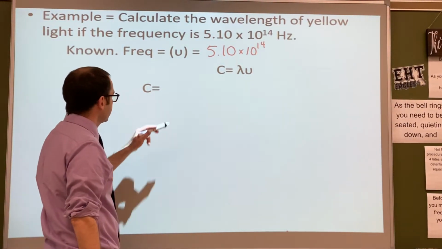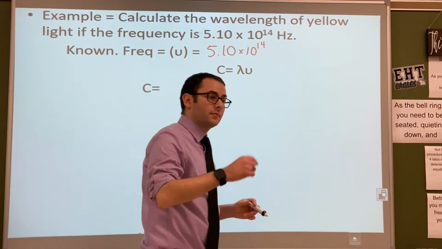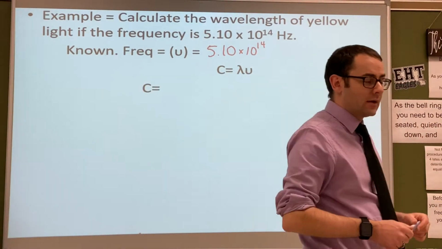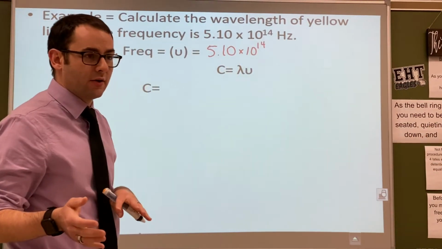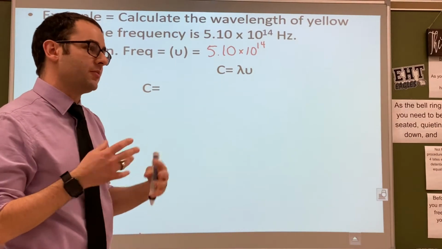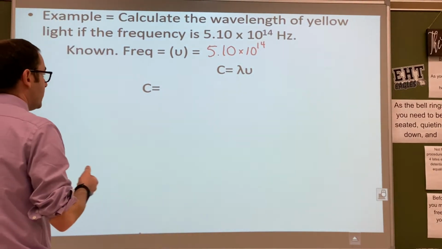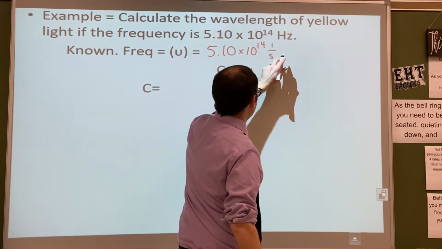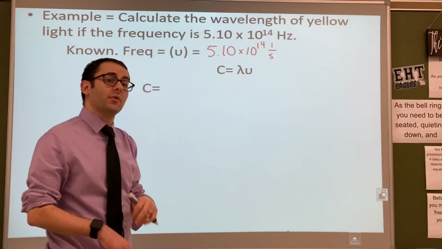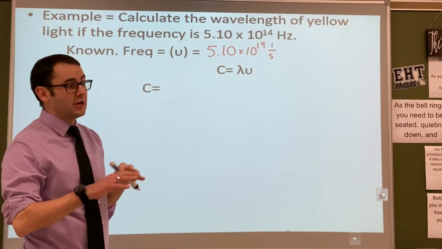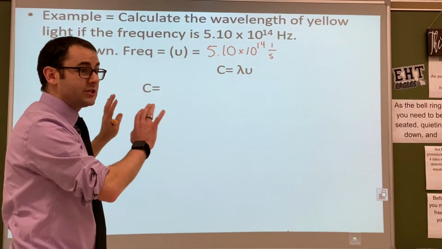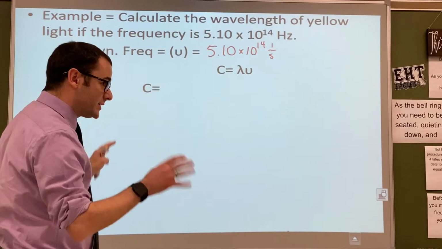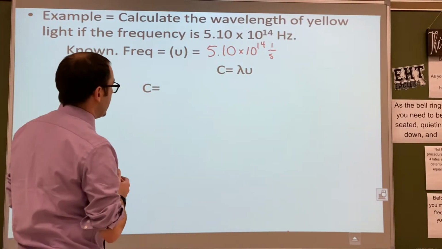What do you think? Exactly, yeah, so it'll cancel out later on. It'll make it much easier for us to remember what the units are supposed to be for our answer if we write it out like this. Or if you're really good at algebra, you want to just do the s to the negative first. That's fine too. I like to just keep it simple so that we can easily see what cancels out, okay?